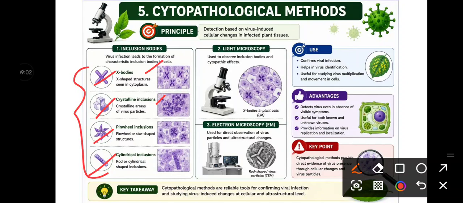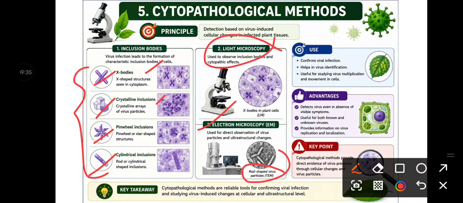So by observing the inclusion bodies, we can predict the presence of a particular virus. And inclusion bodies can be easily observed with light microscopy. For a detailed study on plant viruses, you can go for electron microscopy, specifically TEM, transmission electron microscopy.